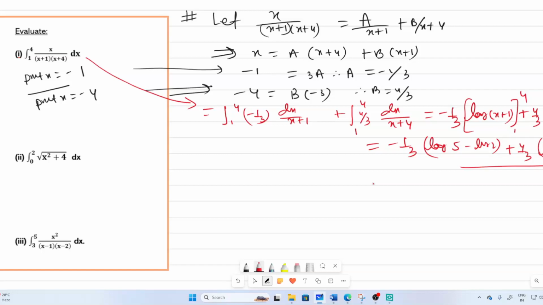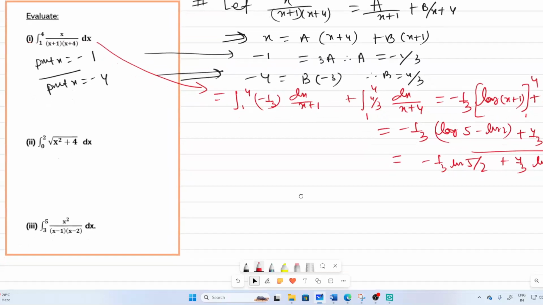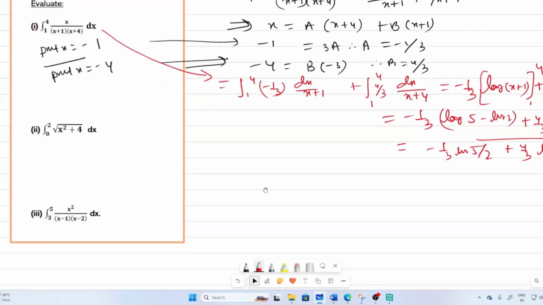Maximum what you can do here is keep minus 1/3 outside log 5 by 2, plus 4 by 3 outside log 8 by 5. This is the final answer. Alright. So you all understand, you have actually revised the concept of partial fraction also, isn't it?